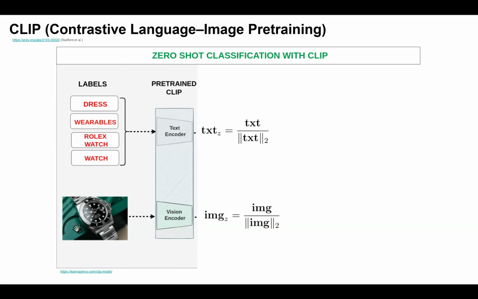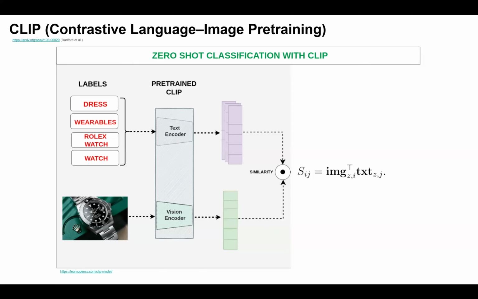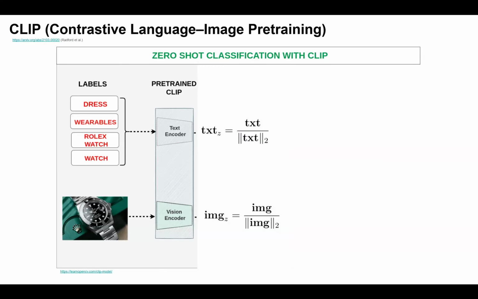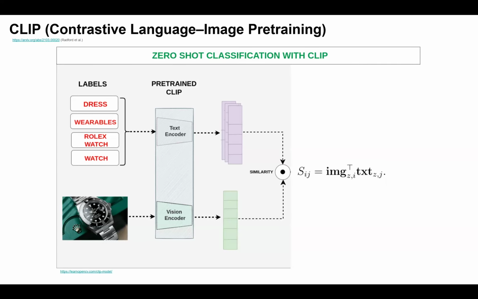So either the text or the image will be encoded in a vector, and this vector will be normalized to a unit length so that you can calculate the similarity by just multiplying them together. So 2 vectors, one for text, one for image, just multiply them together. That will give you the cosine similarity between them.